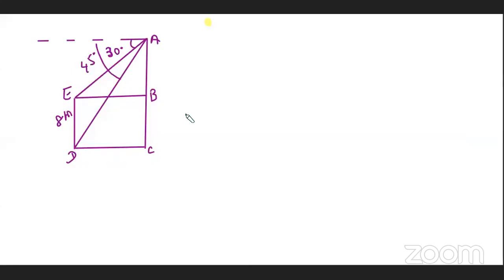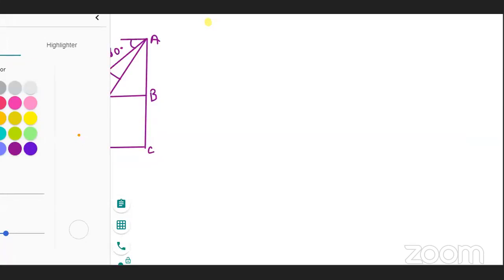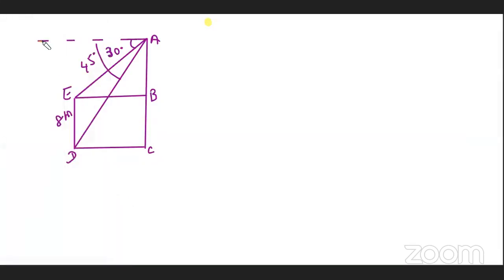Tarun, which angle out of E or D should I mark 30? Decide, E or D. E. Okay, let's check. I'm using a different color pen right now. This is from the 30 degrees.